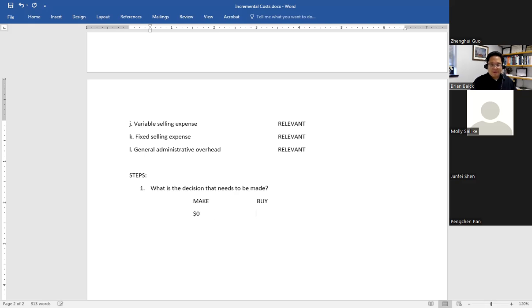If I buy something, I pay $100. Anything that's different is relevant. If I make something, I have to spend $100 for rent. If I buy something, I have to spend $100 for rent. Anything that is the same is irrelevant. It doesn't matter. You shouldn't think about it or worry about it.